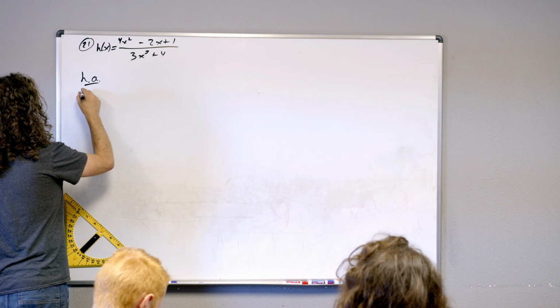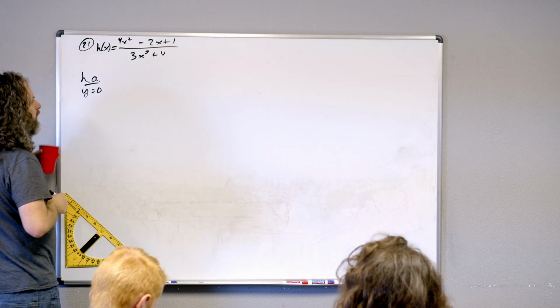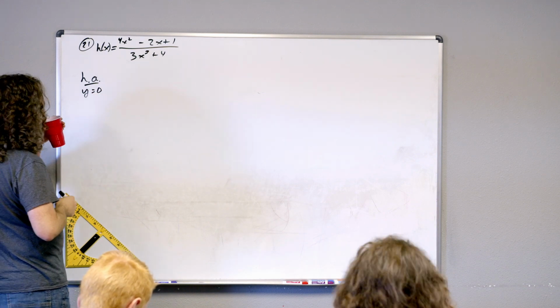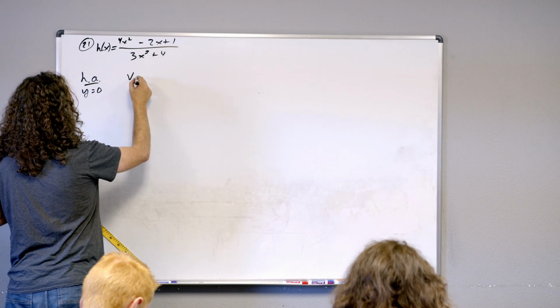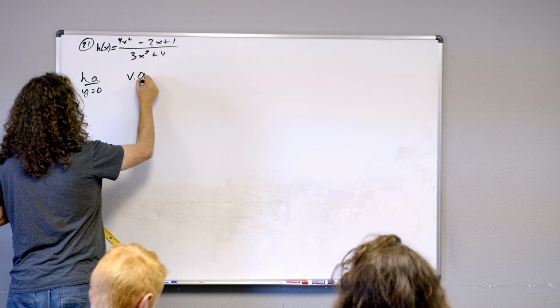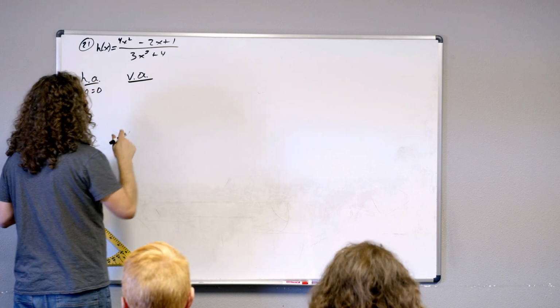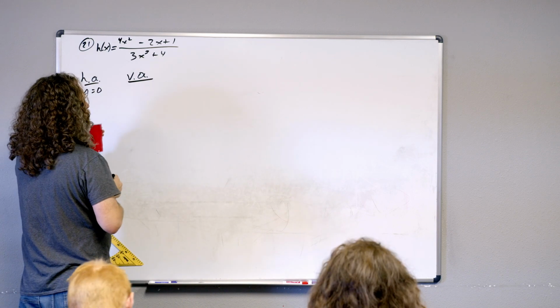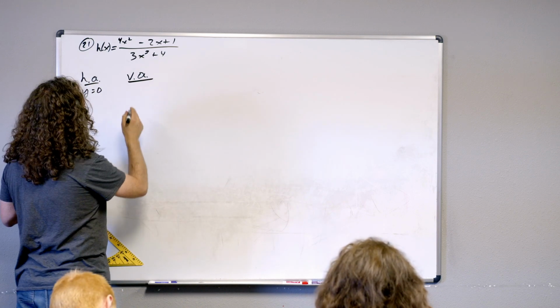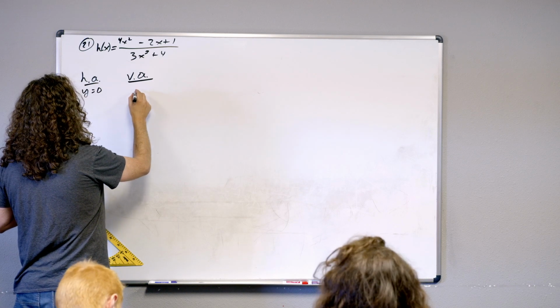The horizontal asymptote is y equals 0. Is the vertical asymptote another doesn't exist? It's not actually. We can have a cube root of a negative, because it's odd.